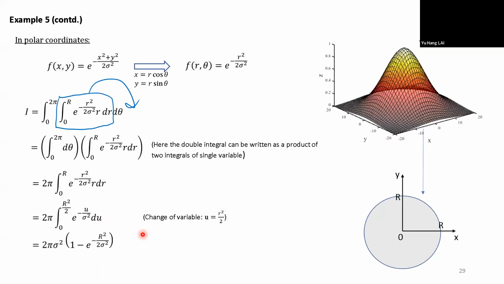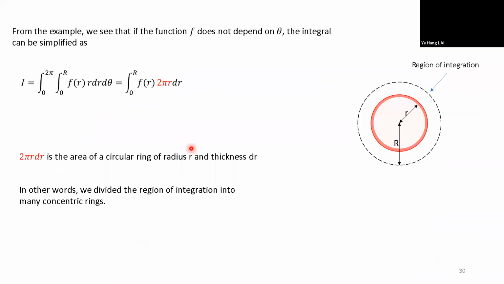So in fact, in the previous example, we are considering a function that does not depend on theta, just a function of r. I believe you see this kind of function again and again.